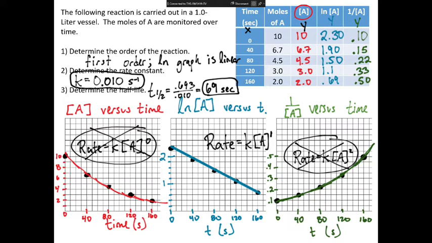The half-life of this reaction is 69 seconds, and that makes sense looking at our data as well.